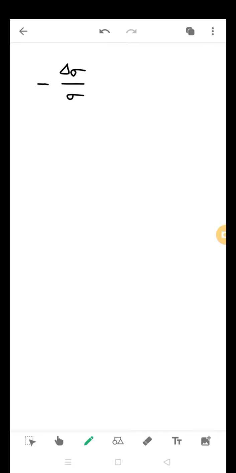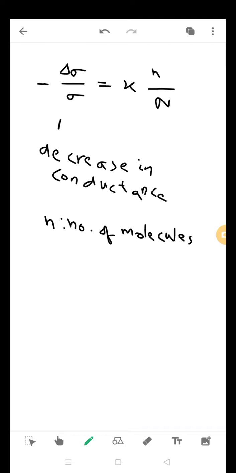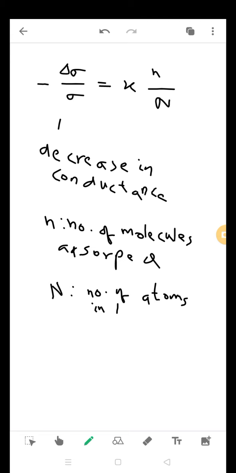This is the decrease in conductance, and it is equal to small n by capital N, where small n is the number of molecules adsorbed, whereas capital N is the number of atoms in the film already present.